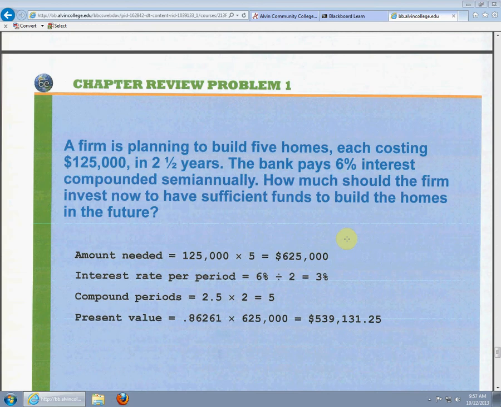So we know we're looking at an amount that we need in the future, so you're going to be using a present value table.